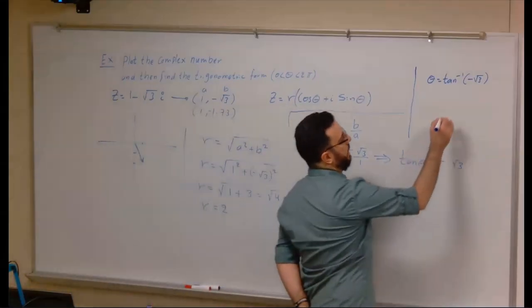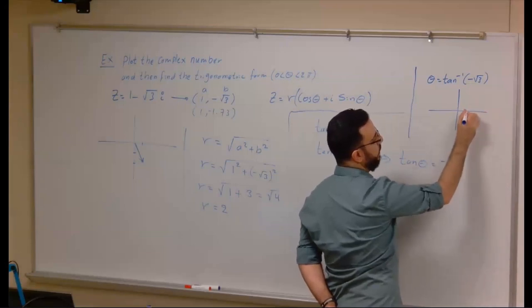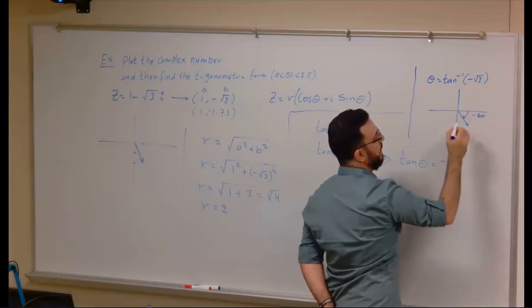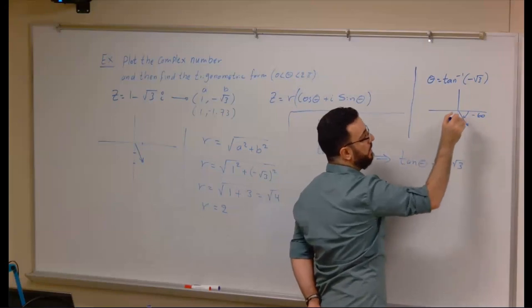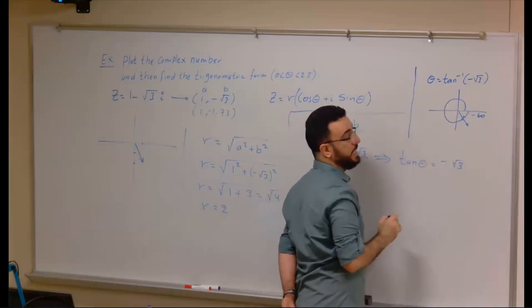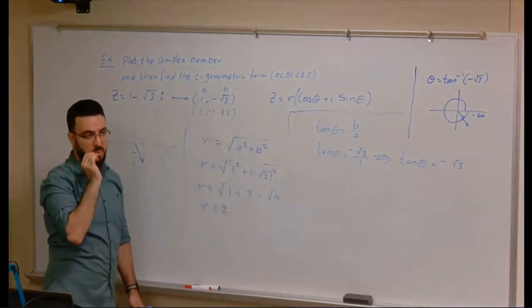So you can say, okay, theta, you got negative 60. I'm going to start from 0 and go 60. This is negative 60. Now I need to find the angle from here to here as a positive. What are you going to do?